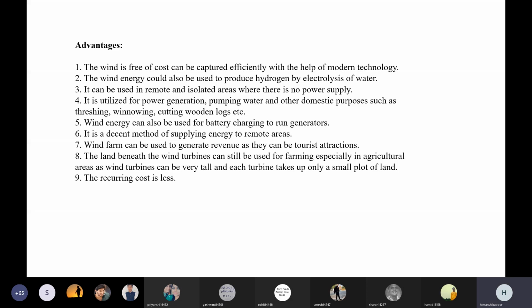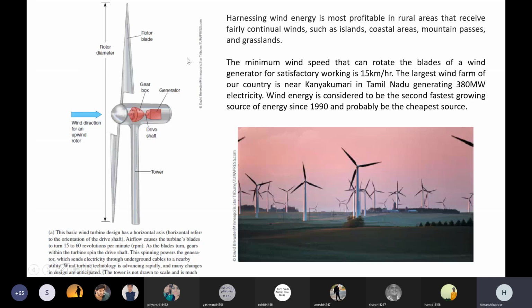And wind farms can also be a place of tourist attraction, so you can generate revenue also out of it. And another benefit of wind farm is, if you have a wind farm in a field, then you can grow crops interspersed with these windmills. So then there is a dual utilization of land.